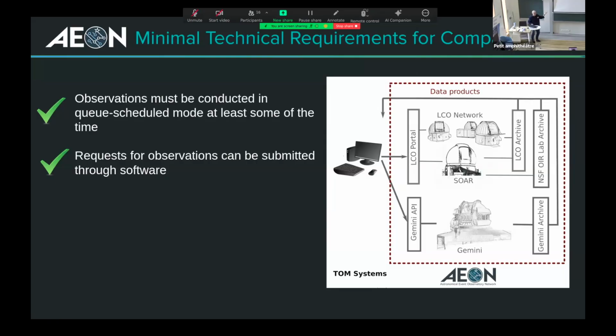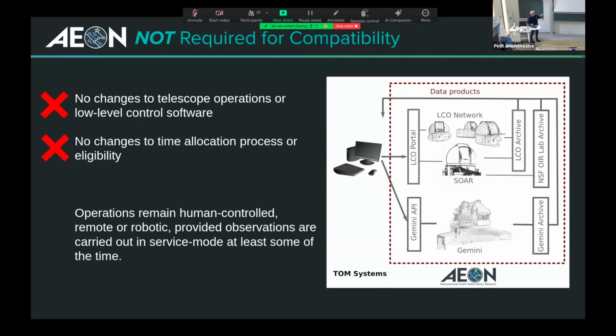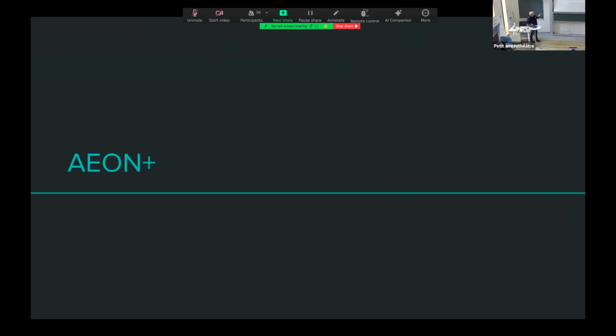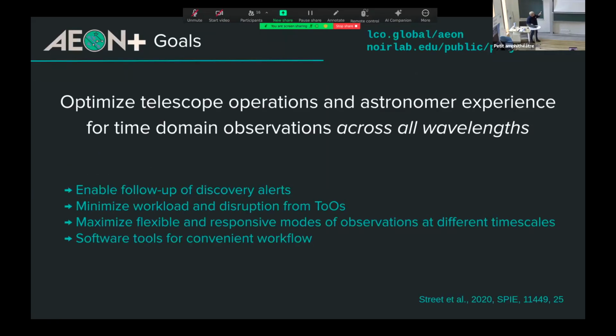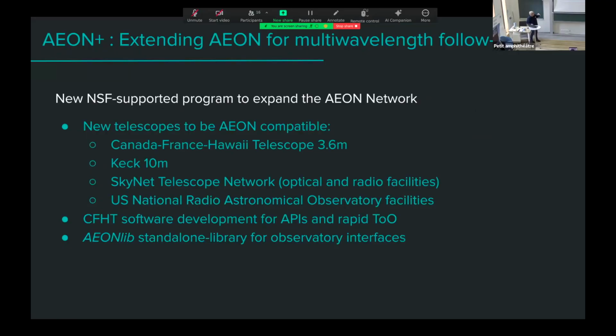That just means taking requests electronically and being queue scheduled part of the time. Aion Plus is the bigger project that is expanding this Aion network to some big telescopes that will hopefully get down into the deeper fields that LSST will see. And we're also looking at radio observations and trying to get those coordinated.